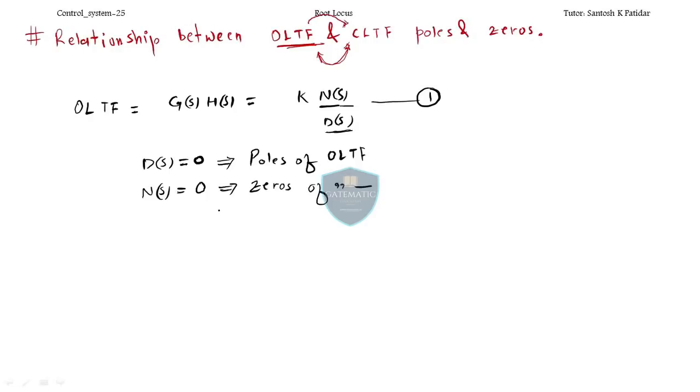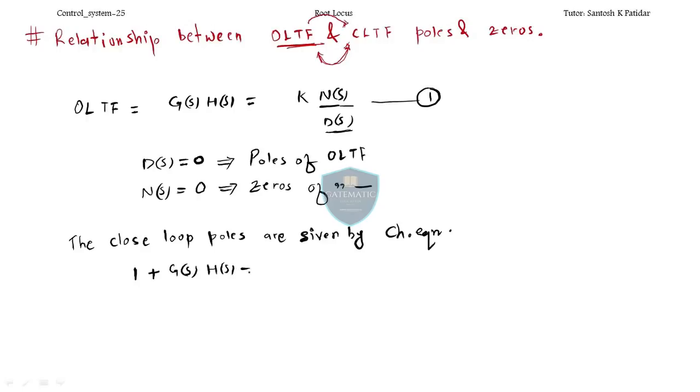Now if you find the characteristic equation, the characteristic equation denotes the poles of the closed loop system. We have seen this and you have to remember it if you forget. So I'll write here that the closed loop poles are given by the characteristic equation only. What is the characteristic equation? 1 plus G(s)H(s) equal to 0.